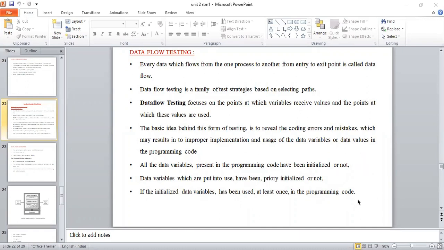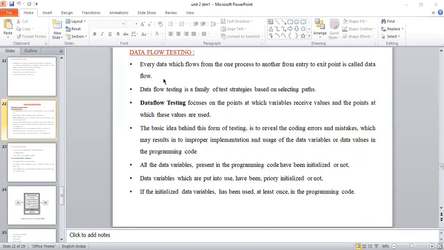Every variable used in data flow testing has to be initialized first, and when you reach the end of the implementation of the programming code, every variable has to be used at least once. Those points are all checked in data flow testing.